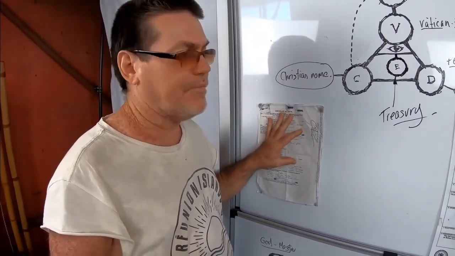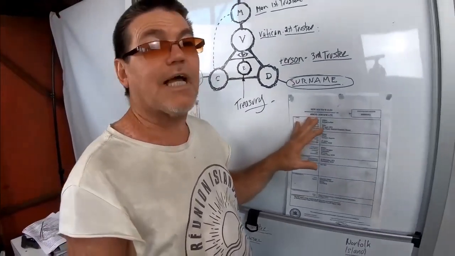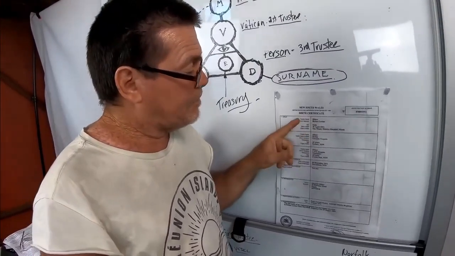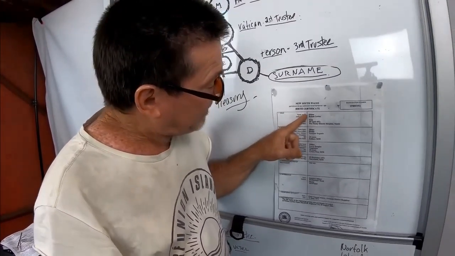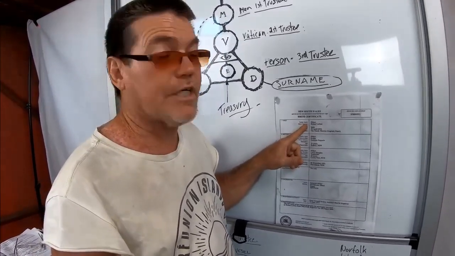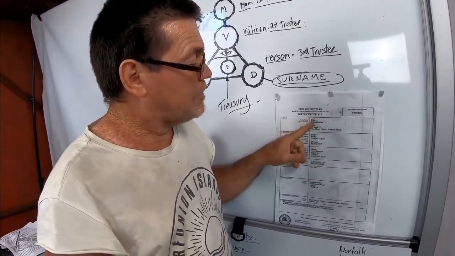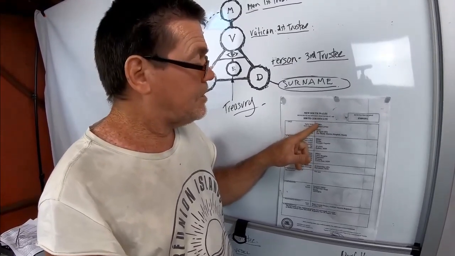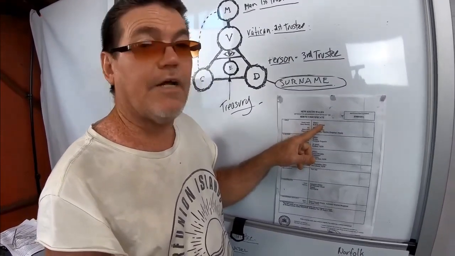It's not there. But on the state birth certificate, it gives you a choice of family name and given name, which is your Christian name. There's a choice of two names: Smith, John Henry.